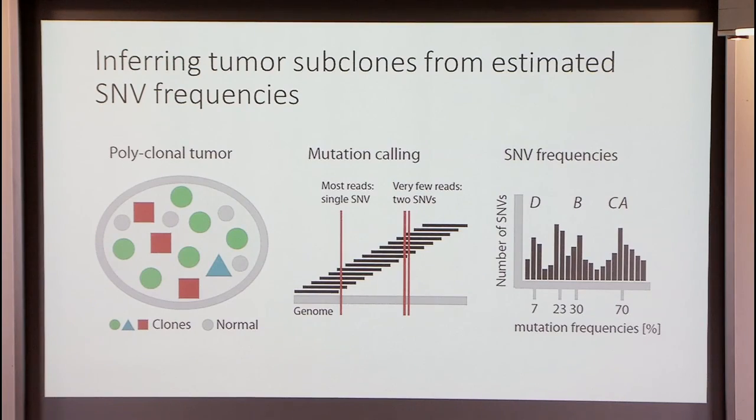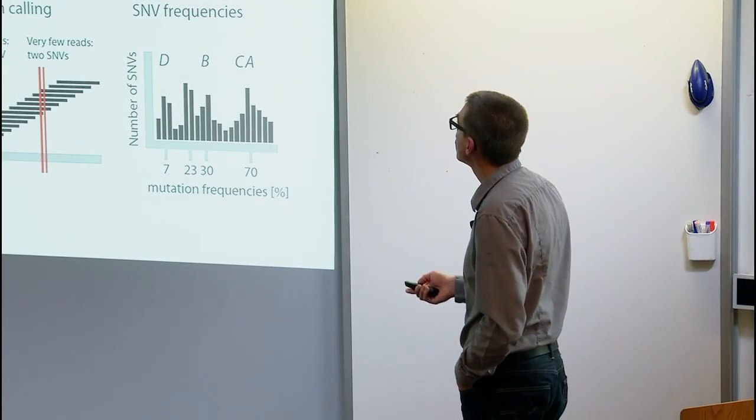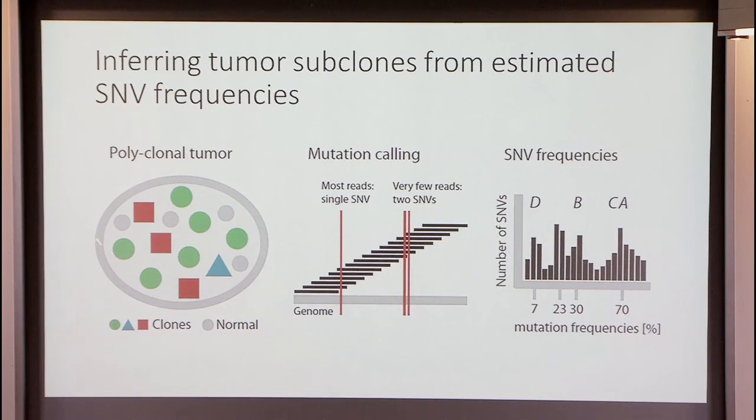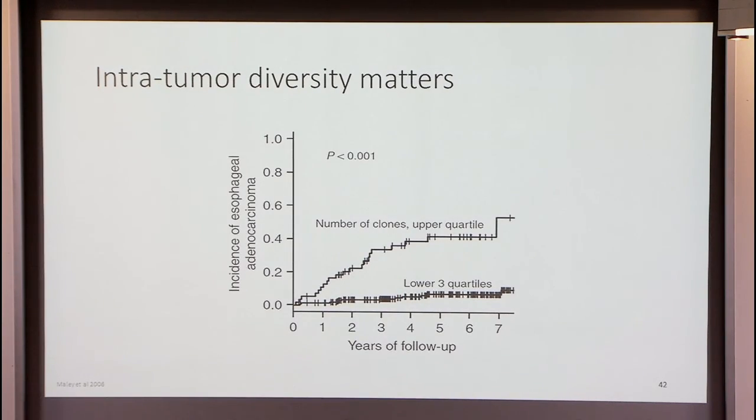More questions at this point? Good, then let me finish this part by pointing out why this clonal composition is of interest. There are probably many answers, but a nice one is that if you know the diversity of the tumor, the diversity alone is in a way a prognostic marker. This shows the incidence of a certain carcinoma of the esophagus, and this is follow-up in years. The two patient groups are separated according to the number of clones found in their tumors.